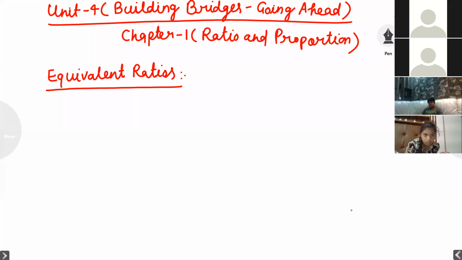Now are you able to see my screen, students? Right, equivalent ratios.